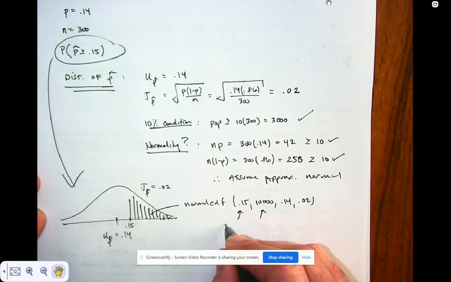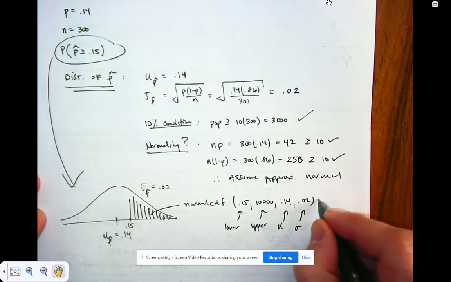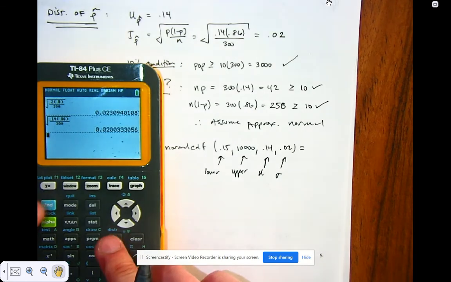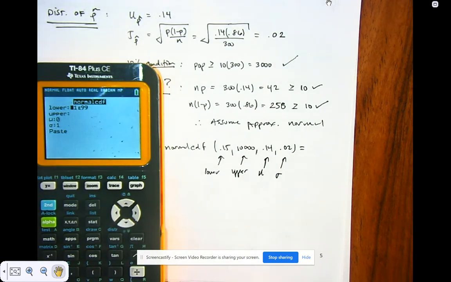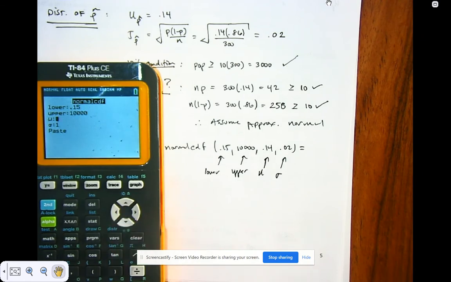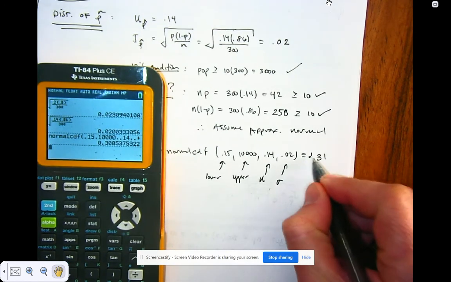Label your stuff. This is lower, upper, mean, standard deviation, and we're done. We come in here, second distribution, normal CDF, 0.15, massive number, and then 0.14, 0.02, and we get 0.31.